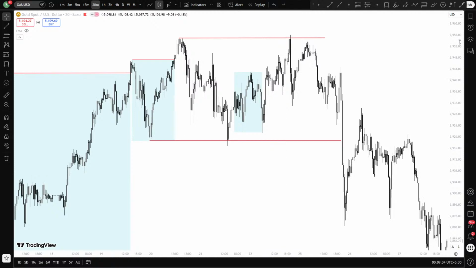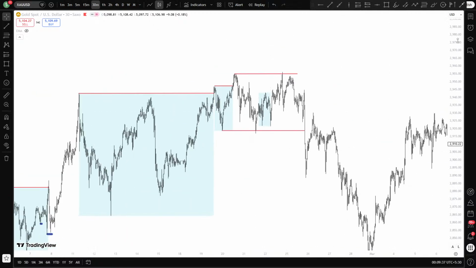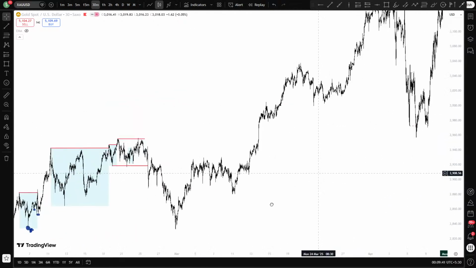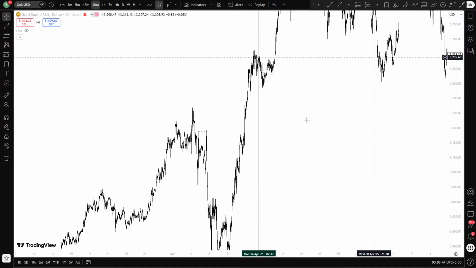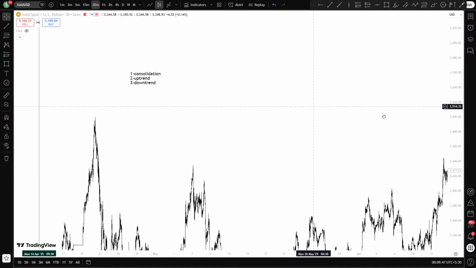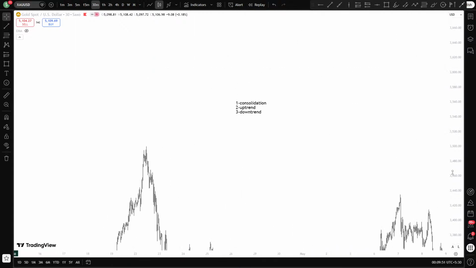So we have talked about the third part of our lesson. This is the market structure where we're just talking about the uptrend. So in the coming lesson, we are going to talk about the downtrend.